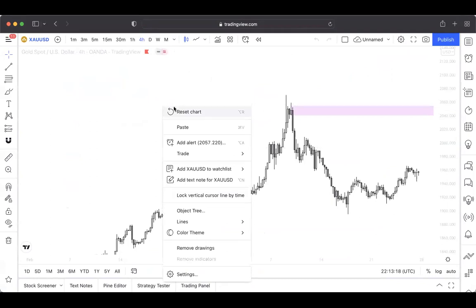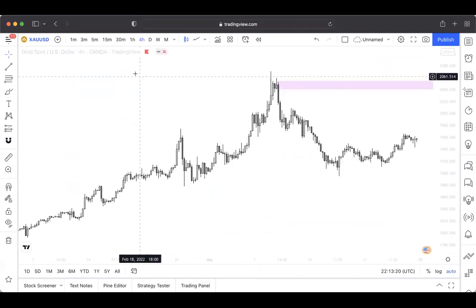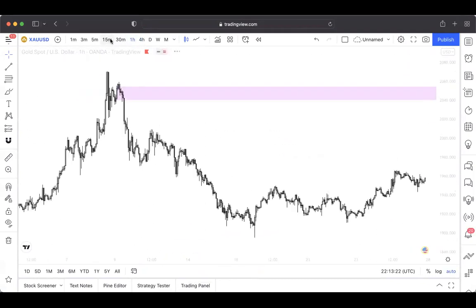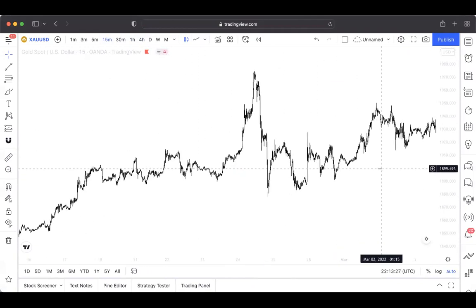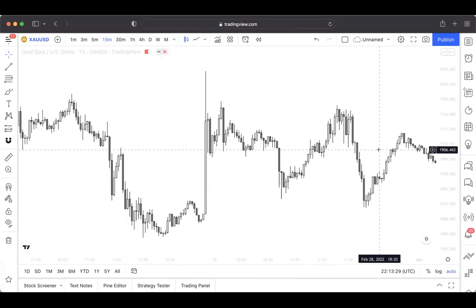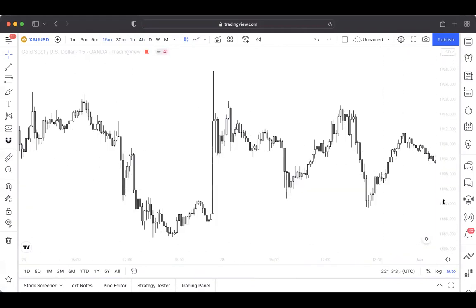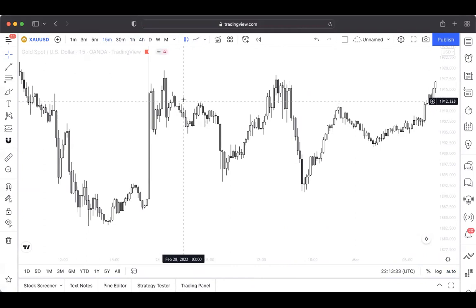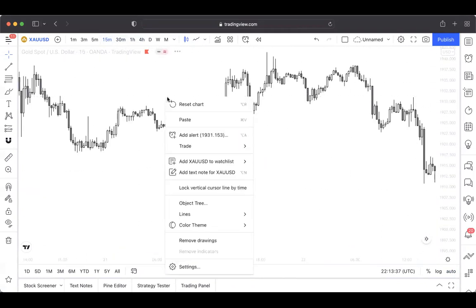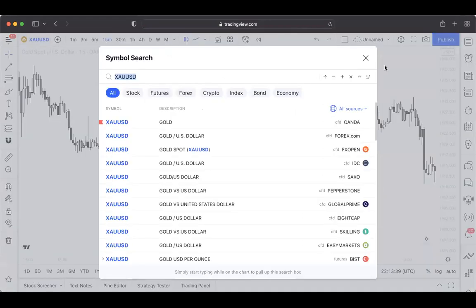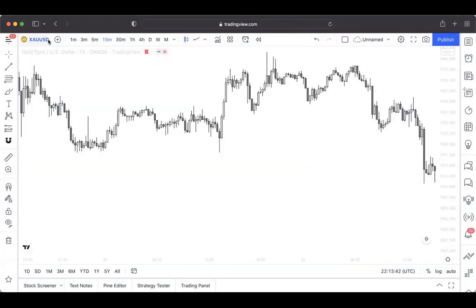So we can check this actually. It was the 50-minute. Okay, I'm going to use a different provider because Oanda is not the best.